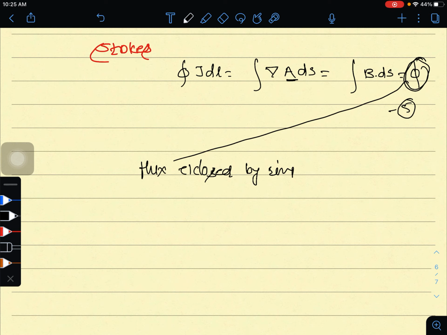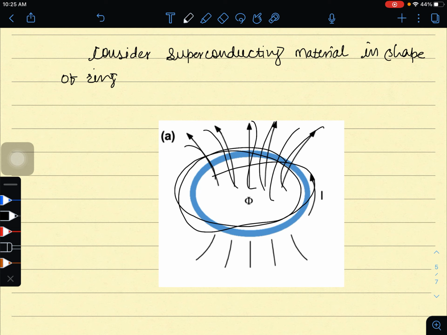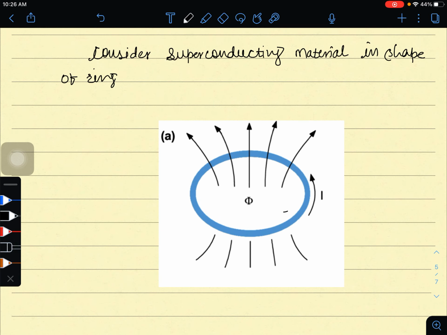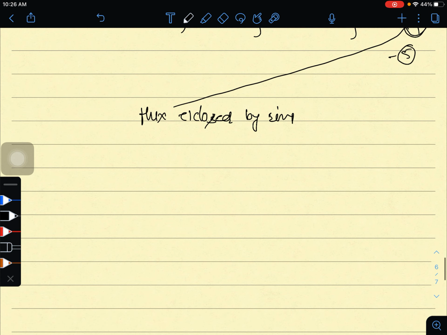Now the order parameter is single valued, and the phase change around a closed path must be 0, or an integral multiple of 2 pi.